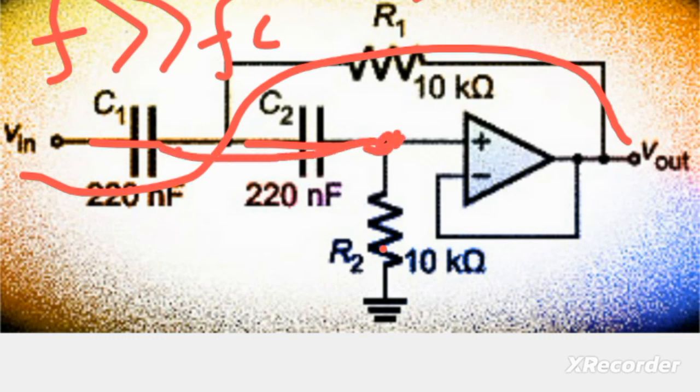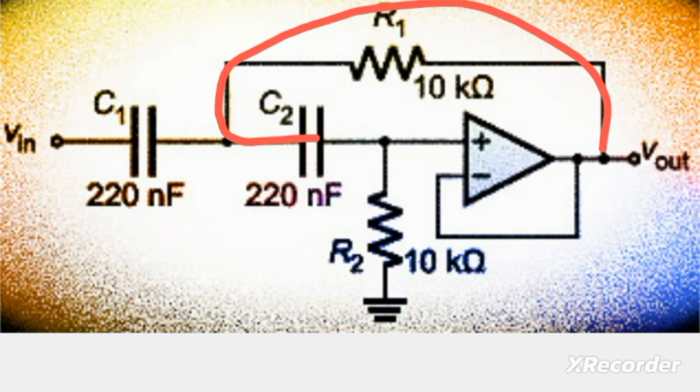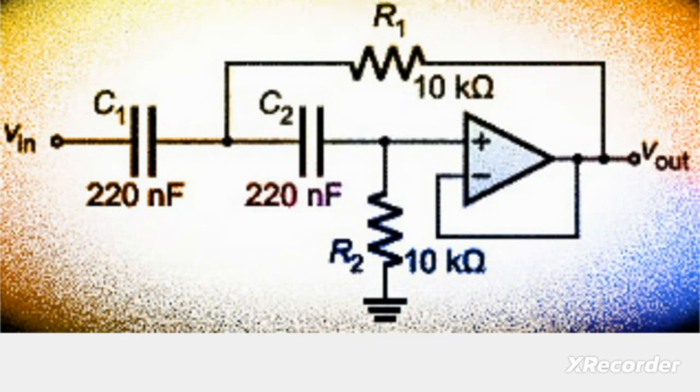Due to the voltage follower property, Vout is equal to the input signal Vin, and this output is fed back to the positive pin also. Since capacitor C2 is short, there is this positive feedback.